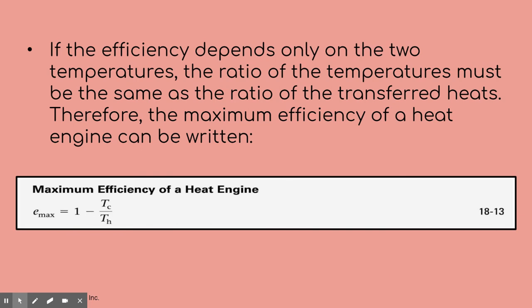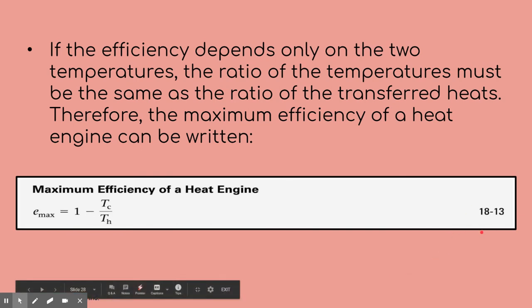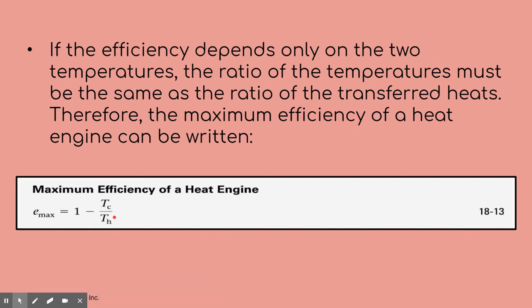Since the efficiency depends on our hot and cold reservoir temperatures, it's the ratio of those temperatures that's also equal to the ratio of heat transferred. And so we can find the maximum efficiency a heat engine could possibly have by subtracting the cold temperature divided by the hot temperature from 1.